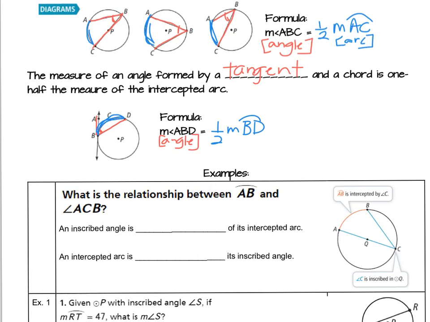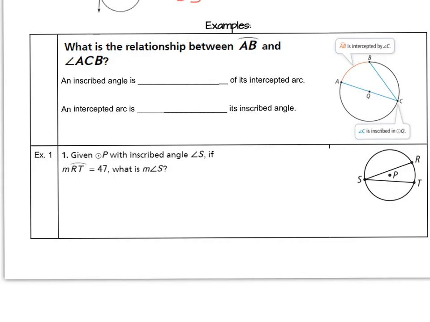All right, let's take a look at a variety of examples that apply this inscribed angle definition. What is the relationship between arc AB on the picture on the right and angle ACB? The angle is always half of the intercepted arc.